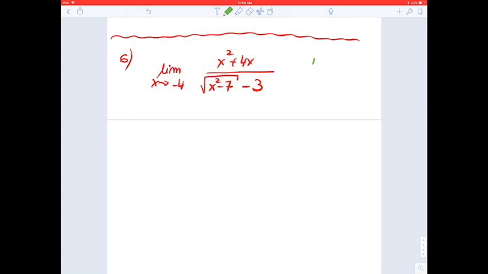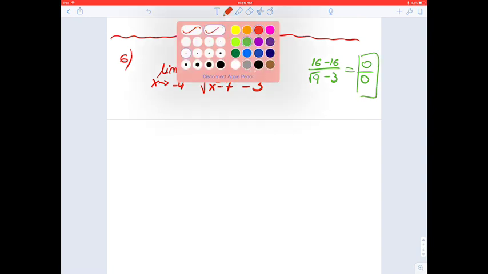Negative 4 squared is 16. 4 times negative 4 is negative 16. Negative 4 squared is 16, minus 7 is 9, and the root minus 3 gives 0, and this is also 0. Again, 0 over 0, we're looking for the common factor at negative 4, because this indicates that we do have a common factor at negative 4, I mean in the functions from the denominator and numerator.